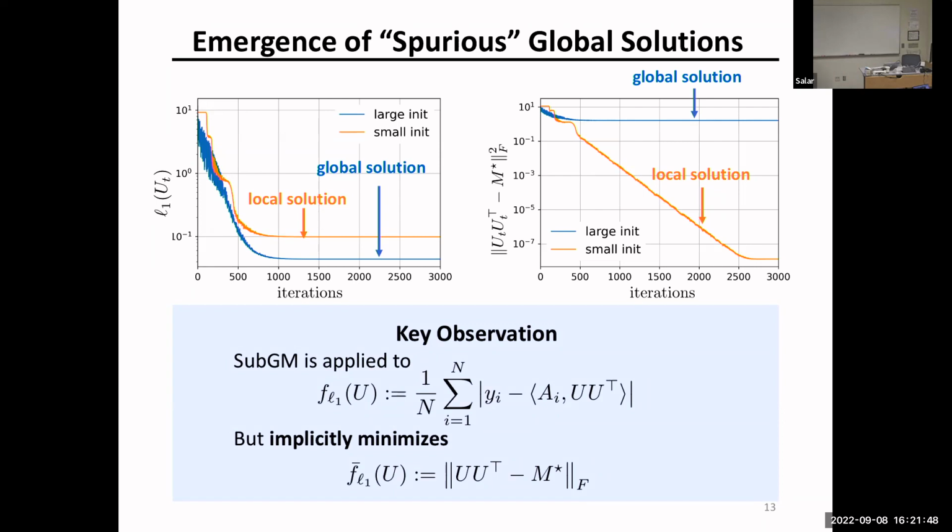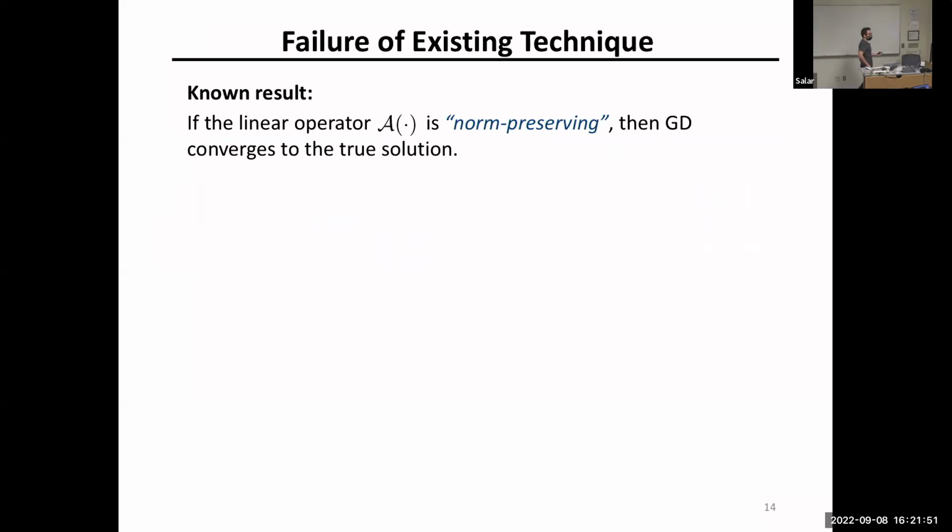One way to explain this is through the notion of norm preserving property. This is at the backbone of many results in low rank matrix recovery, because if the linear measurements are norm preserving, then gradient descent, or different local search algorithms, converge to the true solution.